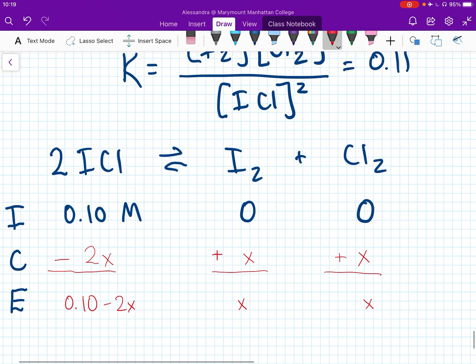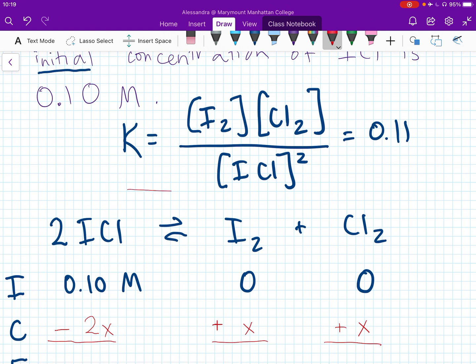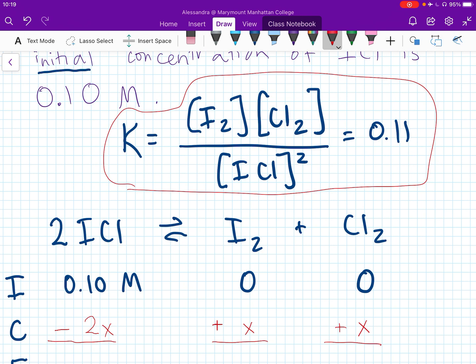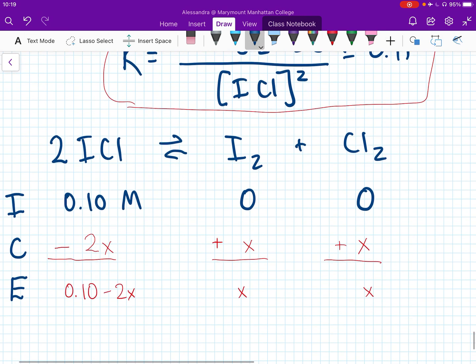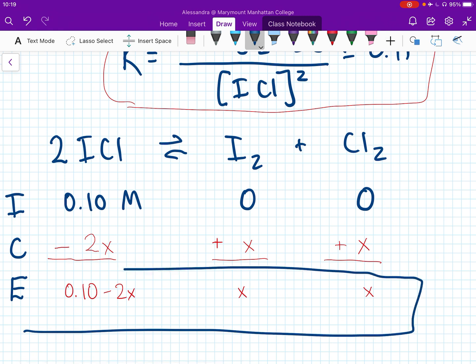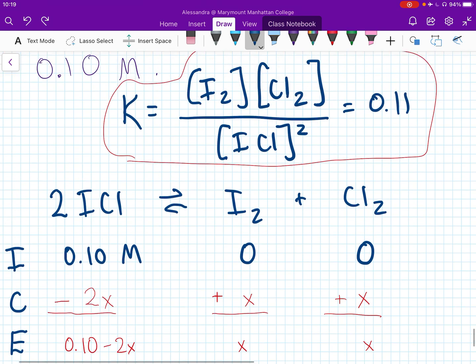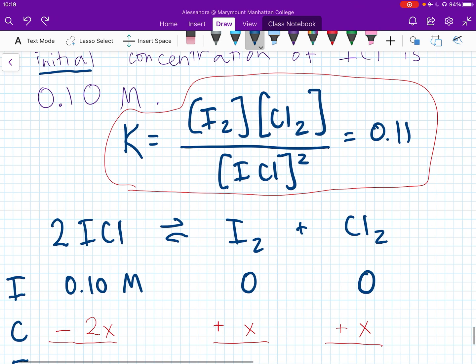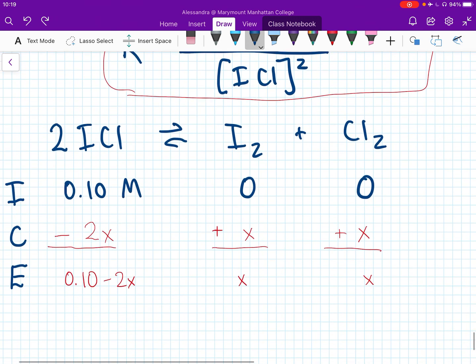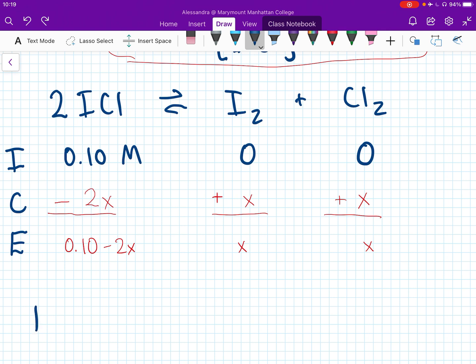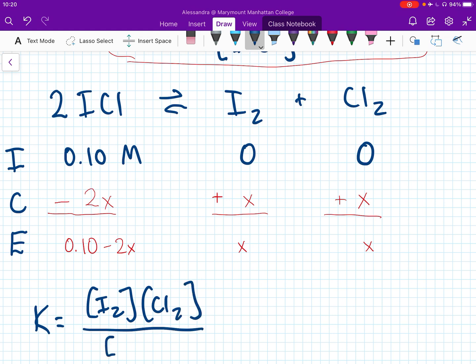Now, for K, you can only plug equilibrium concentrations into K, never initial concentrations. So that means I can take the equilibrium row from my ICE chart here and plug those concentrations into my expression for K. Now, let's take my K expression. I have it up here. K is equal to I2 times Cl2 over ICl squared.